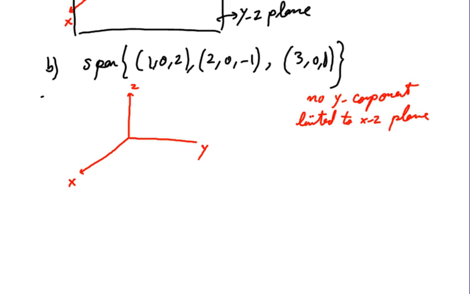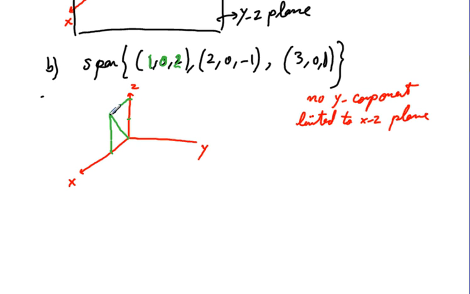(1, 0, 2) is, we are going 1 forward, nothing to the right, 2 units up. So at this point, we remember to draw the lines parallel to the axis, not straight but parallel.